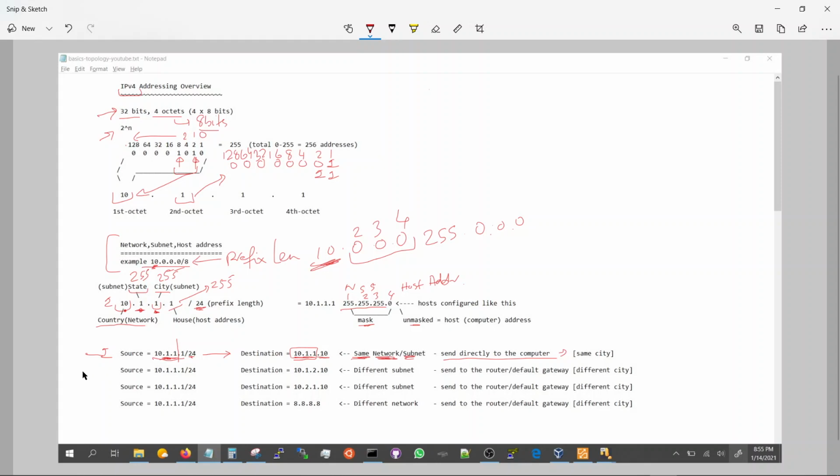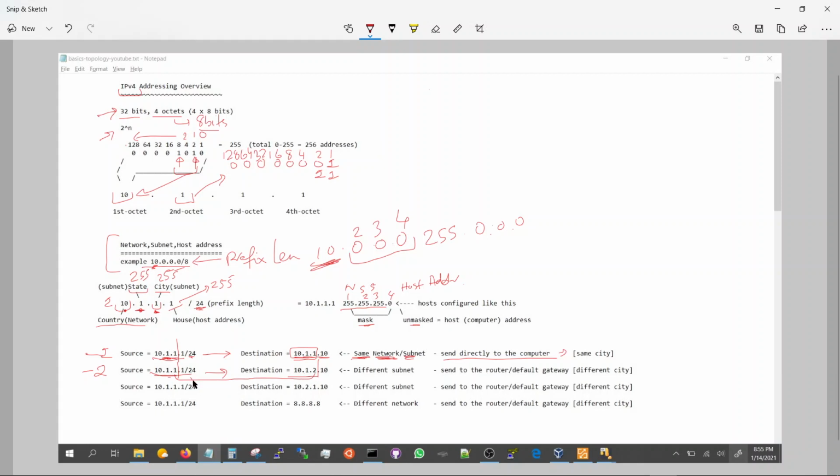Now, in the second example, the source is your computer again, with the address 10.1.1/24. /24 means you have the network and the subnet on the first 3 octets. Your destination address is 10.1.2. This is not the same, it's different.